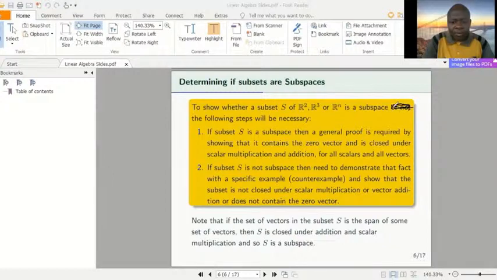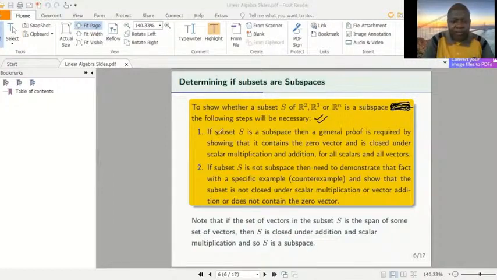This one is not supposed to be there. So it's supposed to read: to show whether a subset S of R2, R3, or Rn is a subspace, the following steps will be necessary. So I've erased this one.